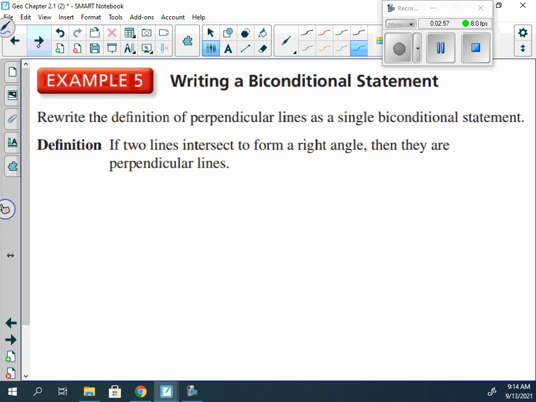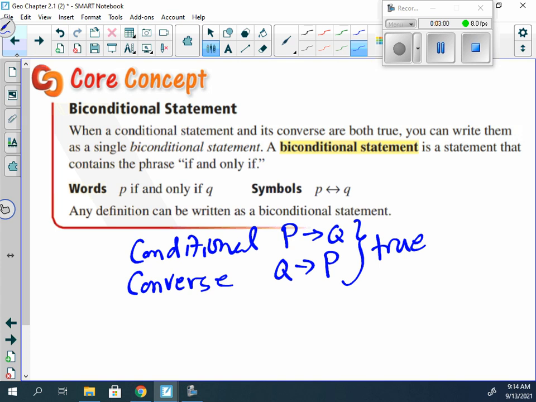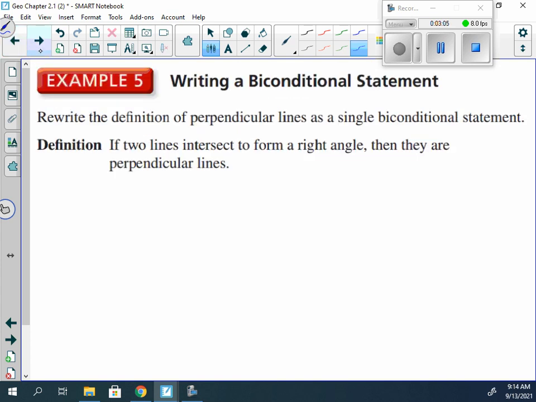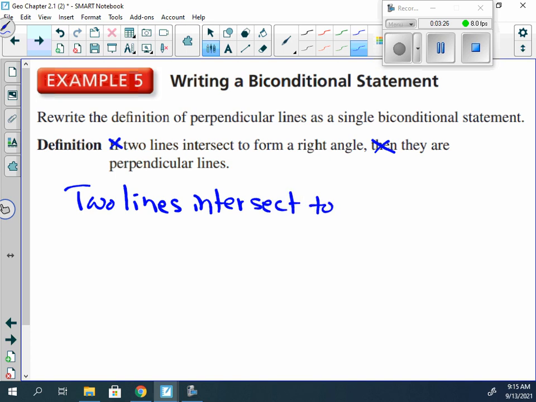So, now if we look back at this, because it contains the phrase what? If and only if. That means if it is a biconditional statement, I'm not going to start it with if, and I'm not going to have then in the middle. So we won't have the if and the then anymore. Well, two lines intersect to form right angles.